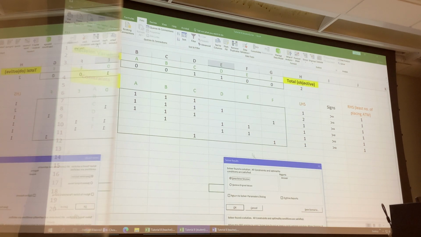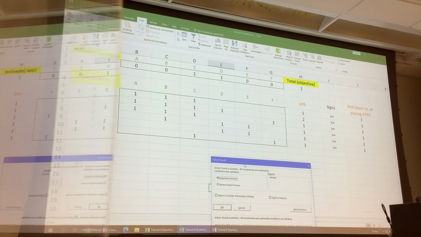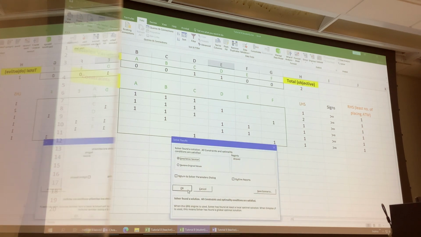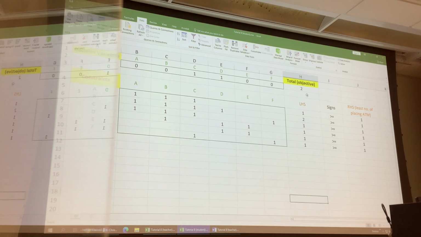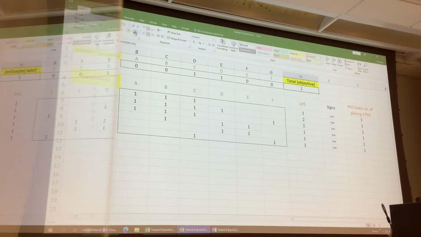You have the answer here, right? So we click OK, and then we have the 2 in total. That is the final solutions.